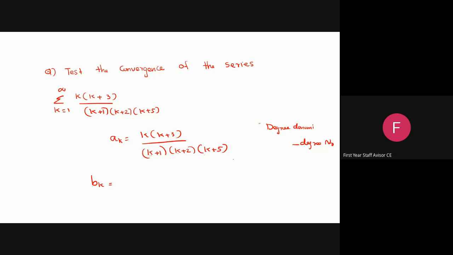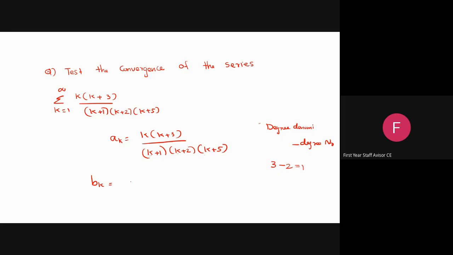The maximum power of k is 3, so the degree of this polynomial is 3. In the numerator, k into k, the maximum is 2. So 3 minus 2, degree of numerator 2, is equal to 1.